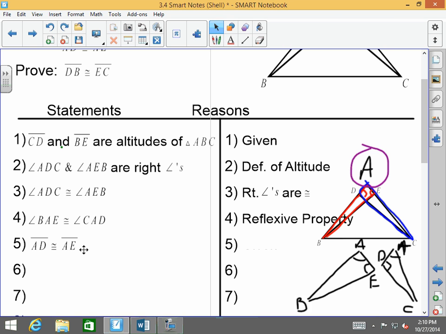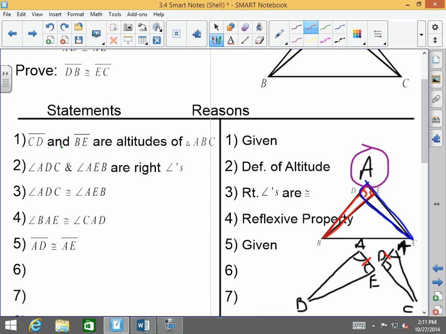Okay? Next, I know that AD is congruent to AE because that's given. So let's go ahead and mark that figure up as well. So AE is congruent to AD because of given.